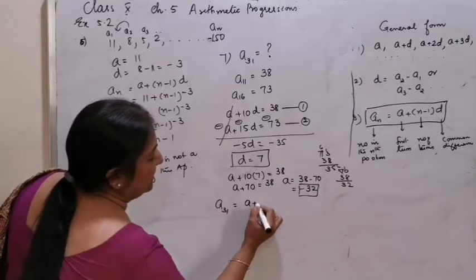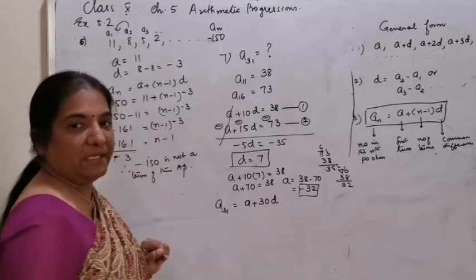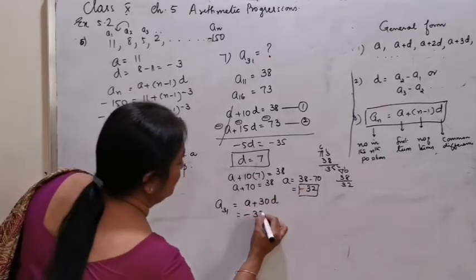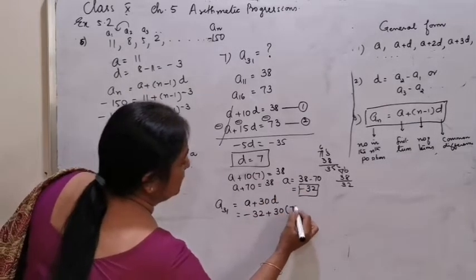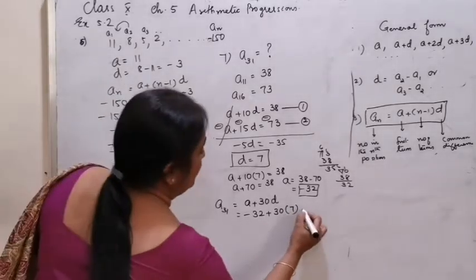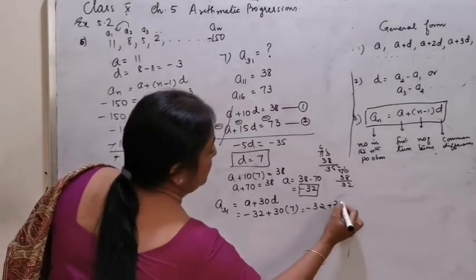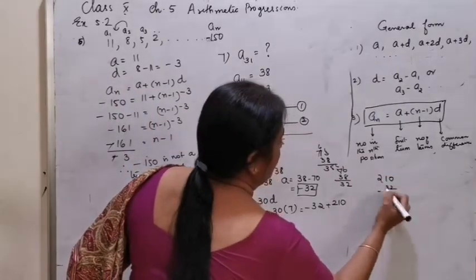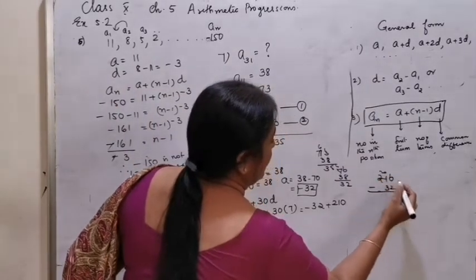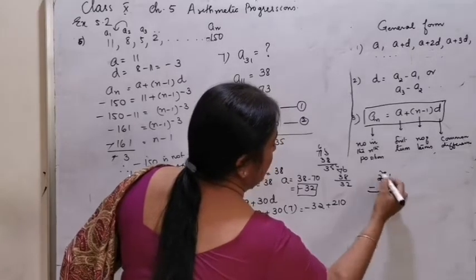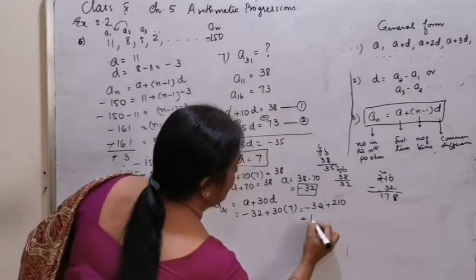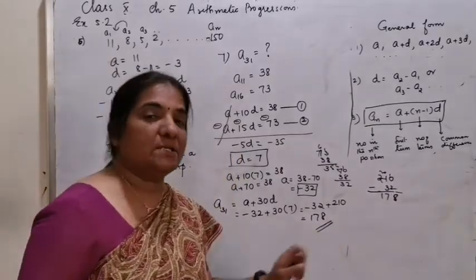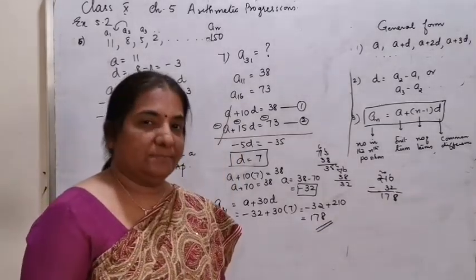A31 is equal to, the formula is A plus 30 into D, which is equal to minus 32 plus 30 into 7, which is minus 32 plus 210, or 210 minus 32, which is equal to 178. Therefore, the value of A31 is 178.